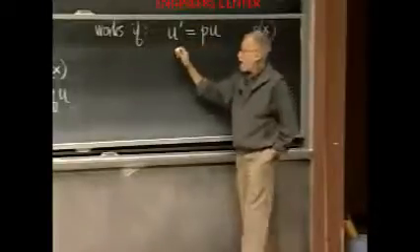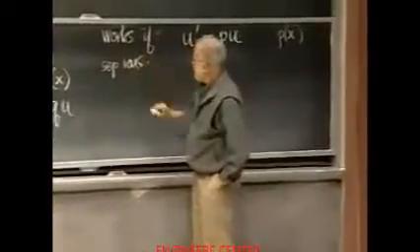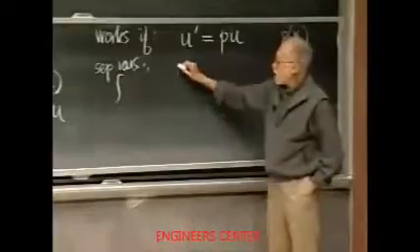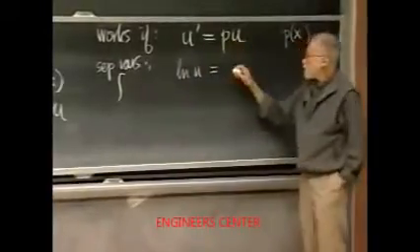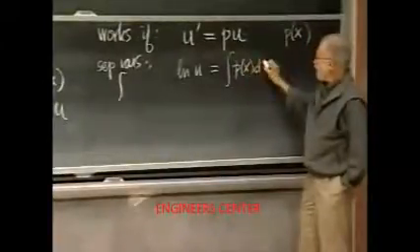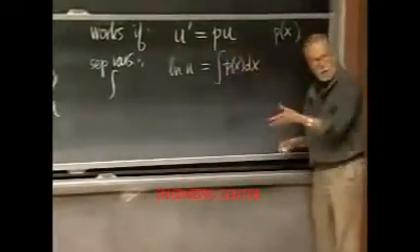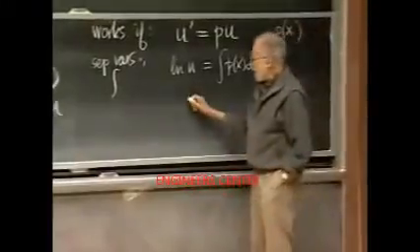If I integrate that, so separate variables, integrate, and you're going to get du over u integrates to be the log of u, and the other side integrates to be the integral of p of x dx. And you can put an arbitrary constant there, or you can think of it as already implied by the indefinite integral. Well, that doesn't tell us yet what u is.